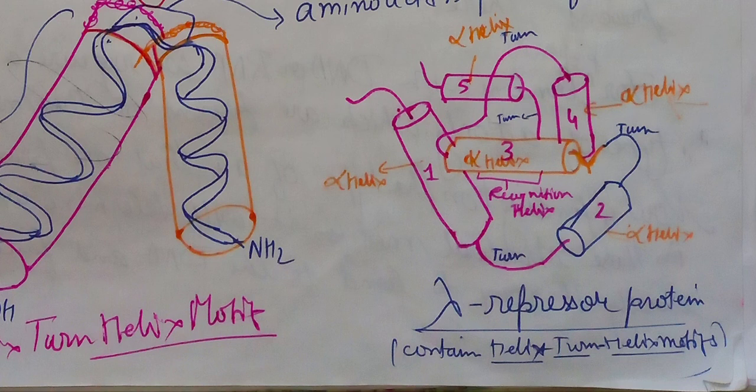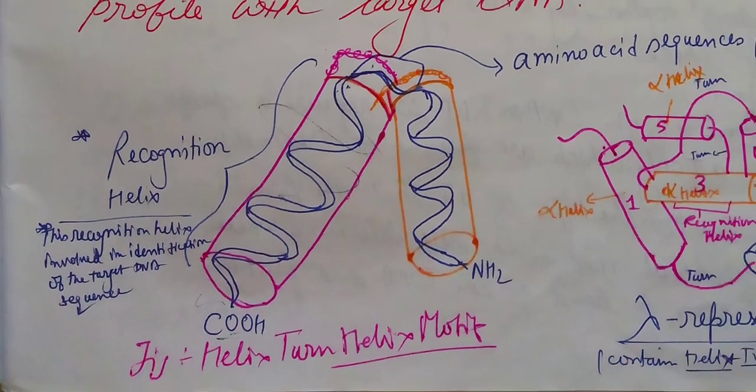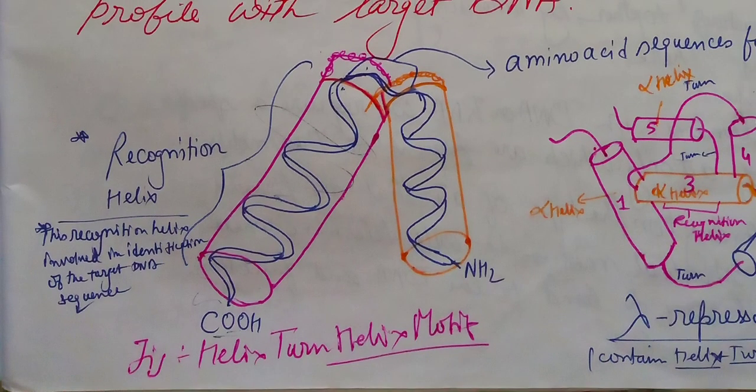The lambda repressor protein also contains a helix-turn-helix motif, but it contains almost 5 alpha helices connected by beta turns. I have named them from 1 to 5 depending on where the amino terminal end starts and where the carboxy terminal end stops. So this is the general structure of the helix-turn-helix motif.